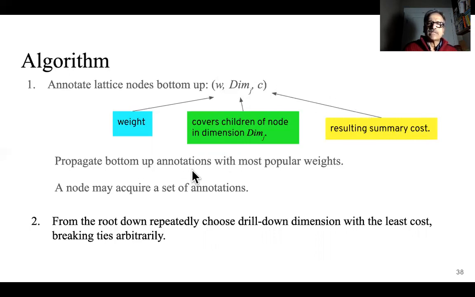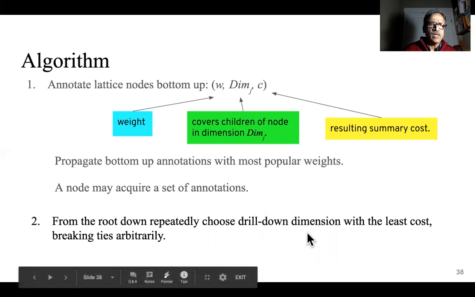And we propagate these annotations bottom up, and we do so by greedily propagating the most popular weights among a set of siblings along a particular dimension. Okay? As a result, of course, a node may end up acquiring a bunch of annotations. So this is step one, or stage one.